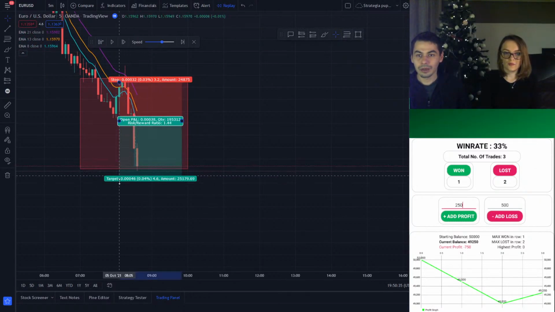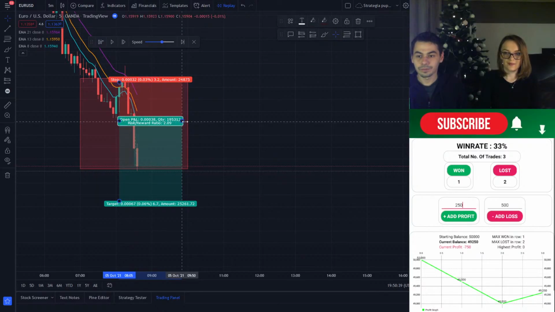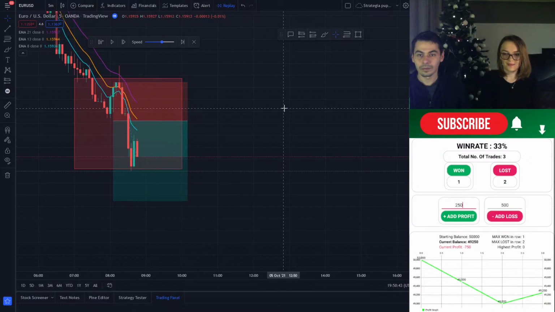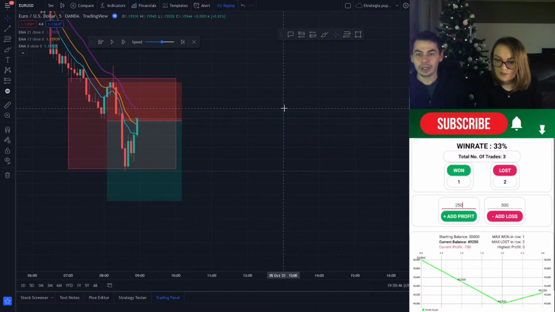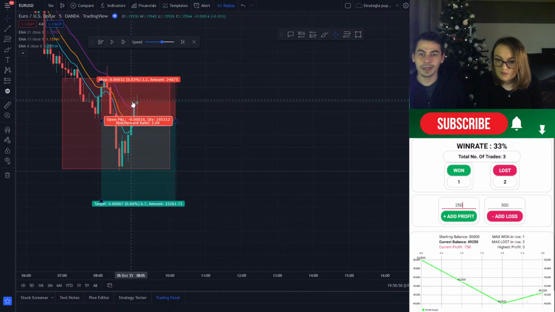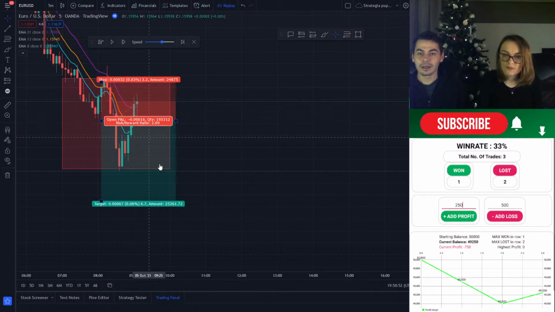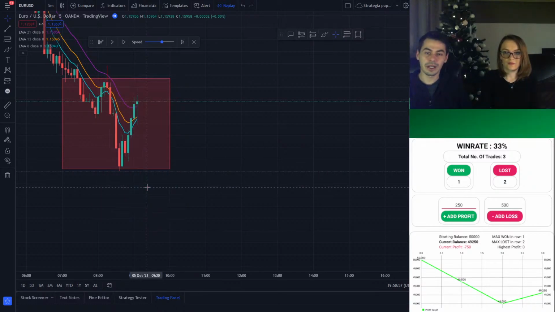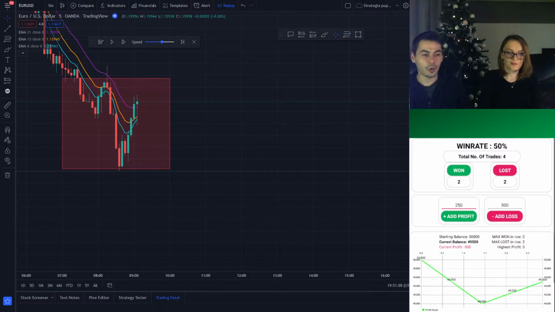And now we can target 2-to-1 and also look for scalings. Yeah, we can have a scaling here. Actually, we can't anymore because this candle closed above the purple EMA and also closed the last position at break even. So we add another break even here, another 0.5% profit, and let's mark it in the Excel spreadsheet as well.